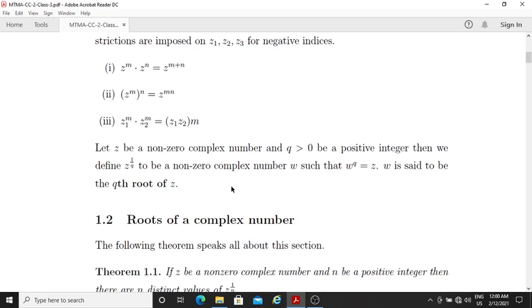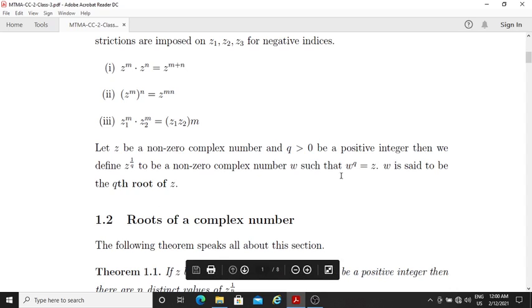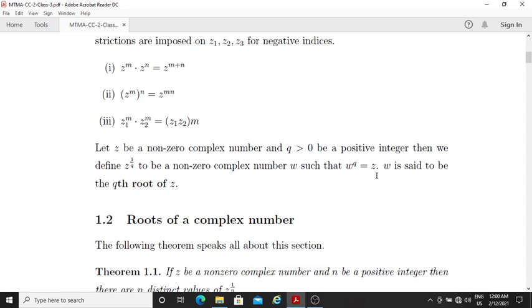Similarly, z to the power 1 by q is a complex number w so that w to the power q is z. Exactly the same as root 2. Suppose 4 to the power half is 2 and minus 2. So 4 to the power half is a number for which if you raise the power 2 to it, you will get 4.